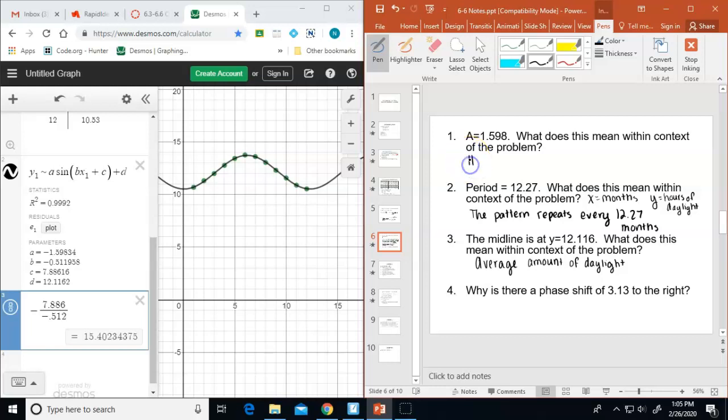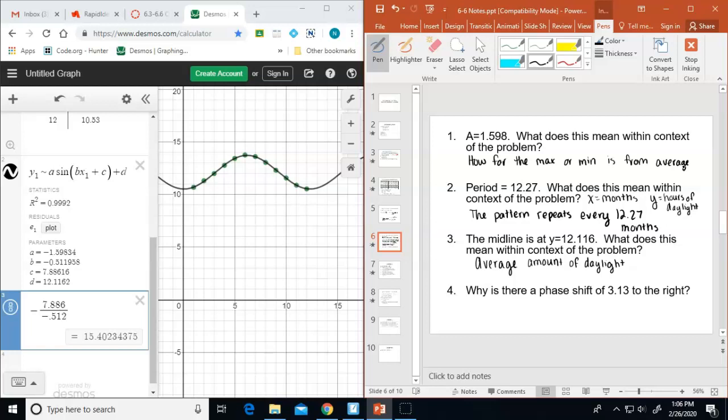How far the maximum or minimum is from the average. Because that's what the midline is in the middle, and then the amplitude tells us how far we go up or down from that, right? So your maximum is 1.598 hours more than your average.